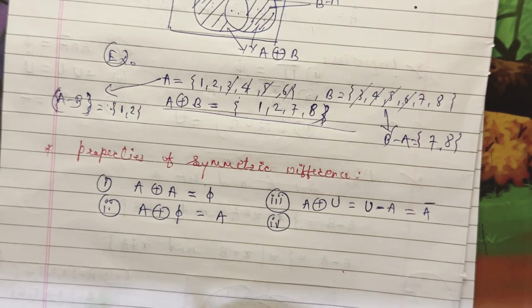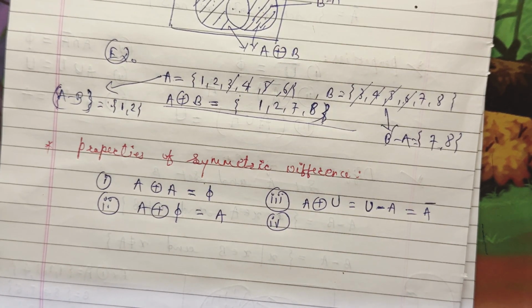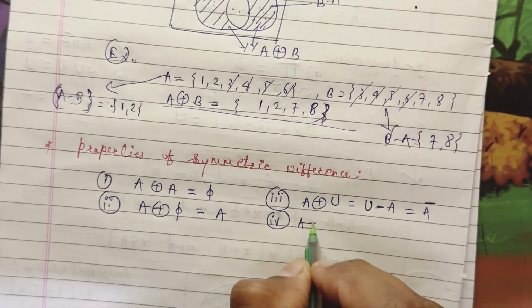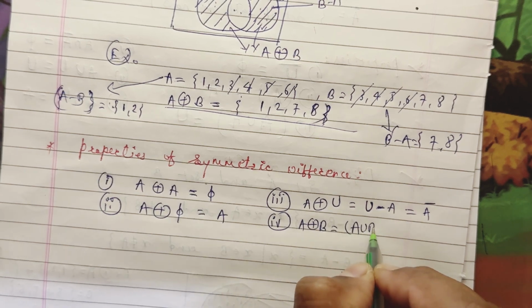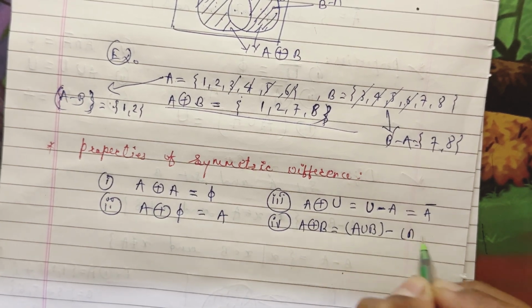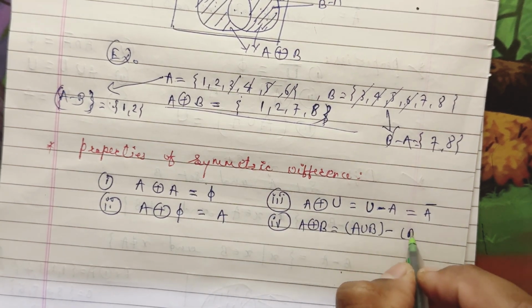Fourth property, A symmetric difference B can be written as A union B minus A intersection B.